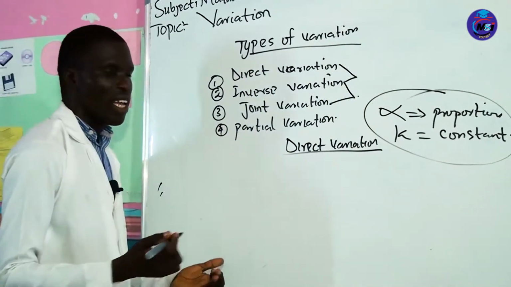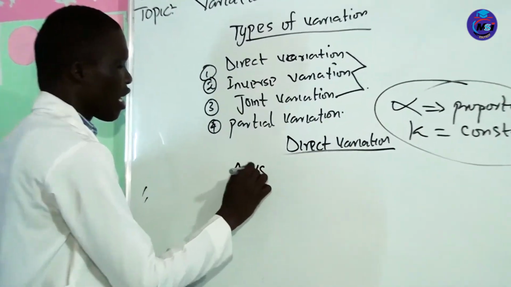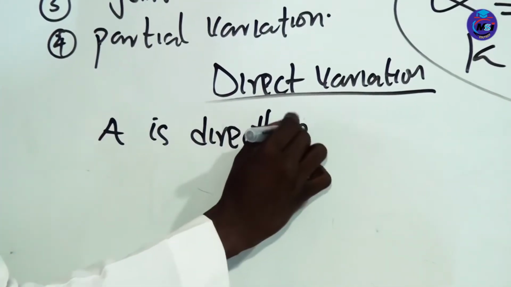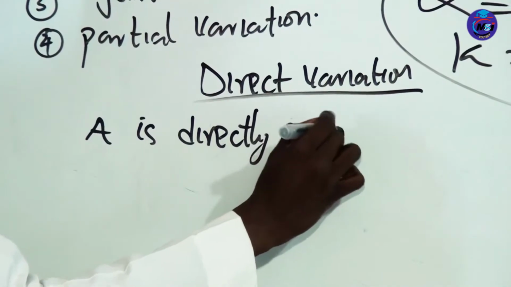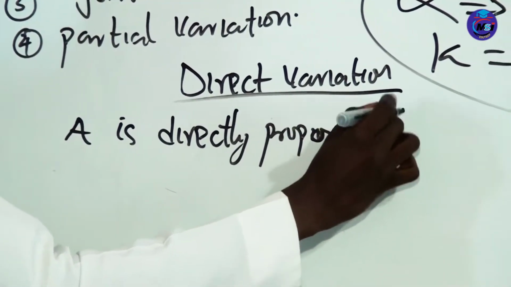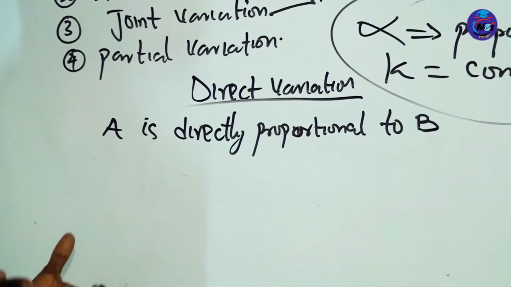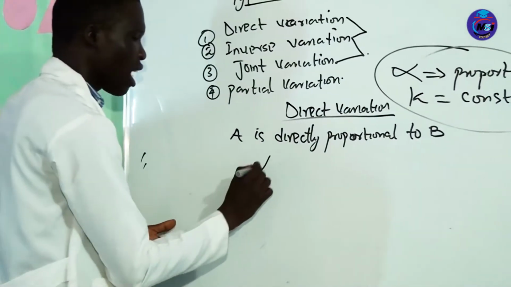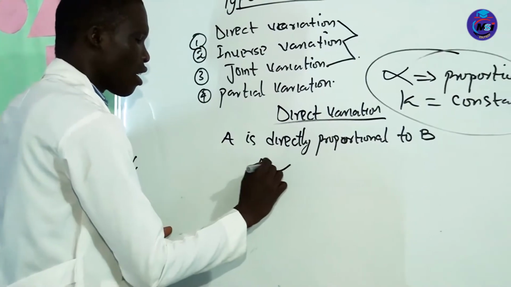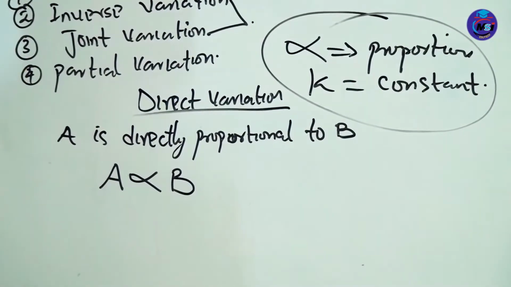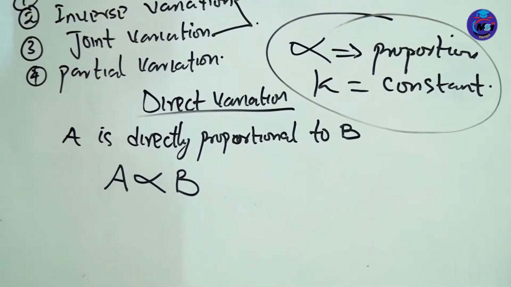Now, let's say A is directly proportional to B. How can we express this in mathematics? It's telling you that A is directly proportional to B. That's just the interpretation.